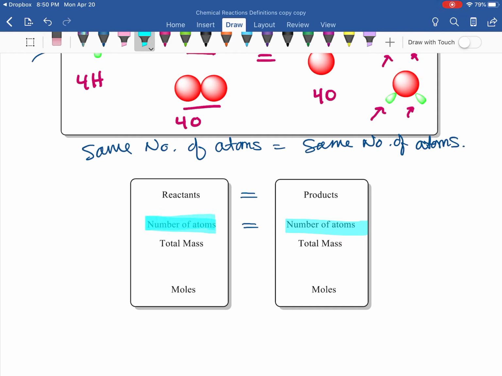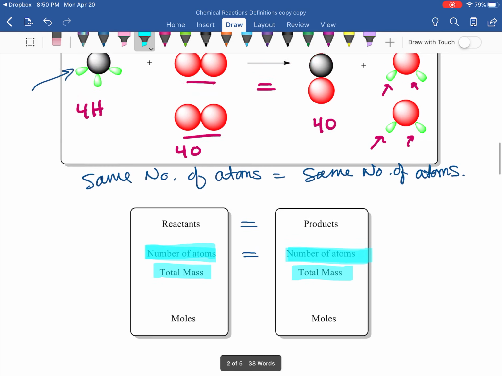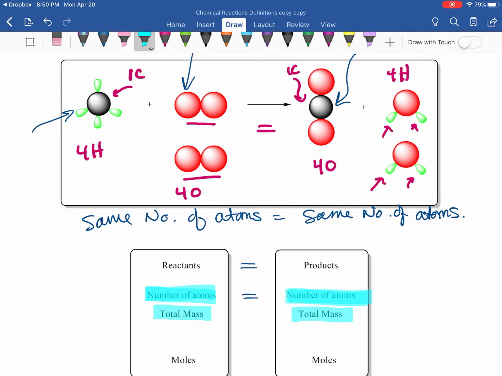Okay, now here's the fun part. If your total atoms balance and your atoms are the same on the reactant side and the product side, then that means that total mass is also going to be the same. Okay, that's trippy. Look at this. You didn't change the amount of stuff you have.